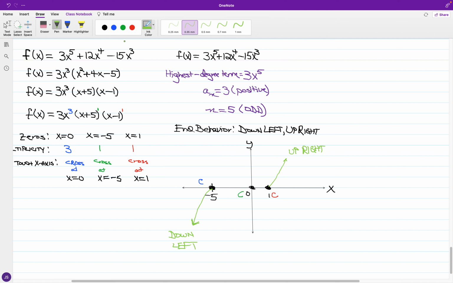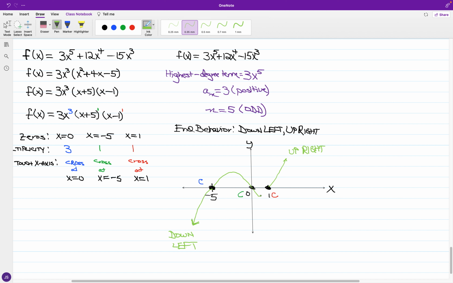And then for everything else in between, if I read from left to right, just to fill in the spaces between the zeros. Reading from left to right, starting out again beneath the x-axis, at x equals negative 5 the graph is going to cross, then it's going to descend, and you have a cross at x is equal to 0.